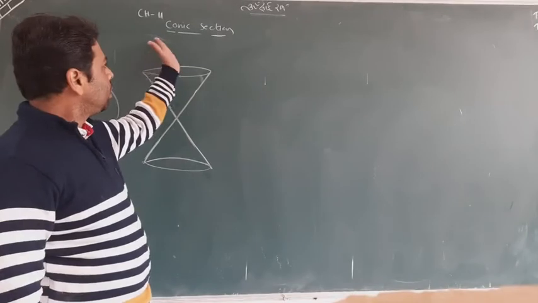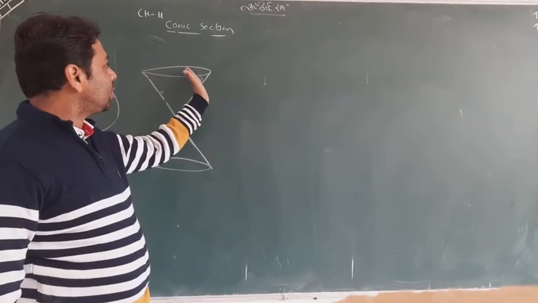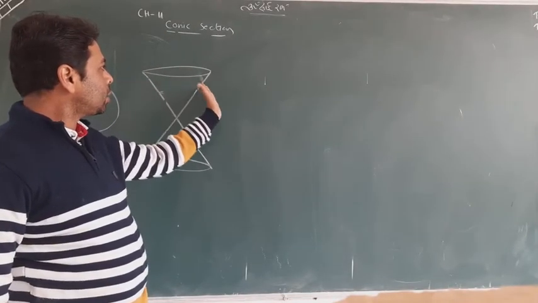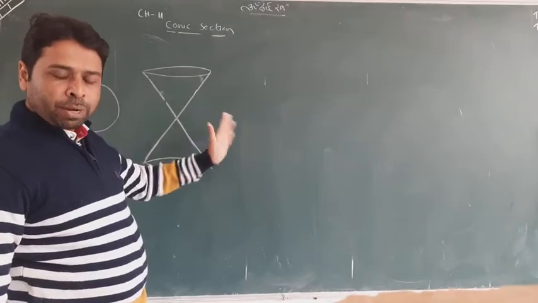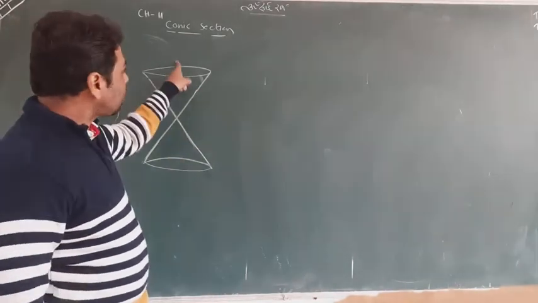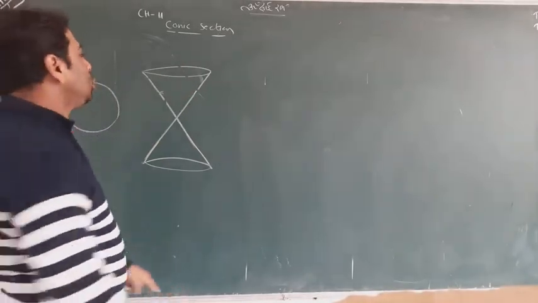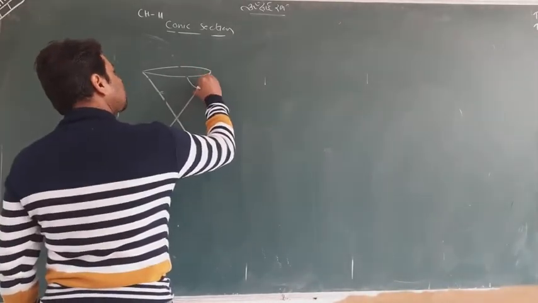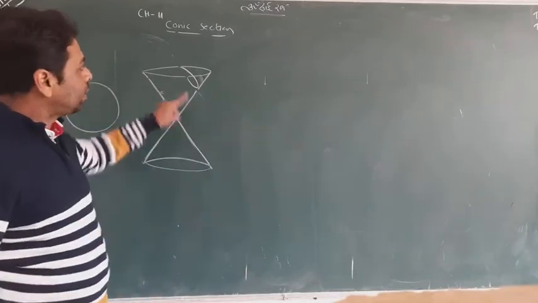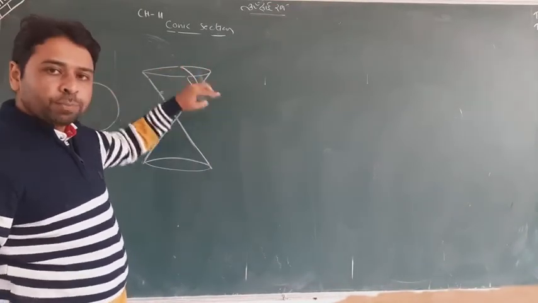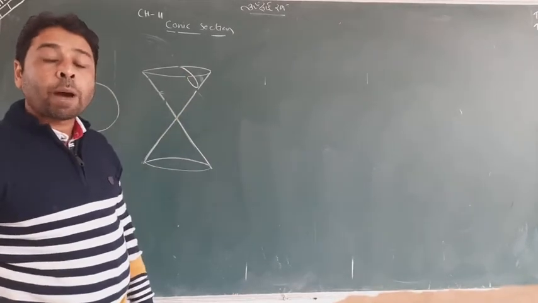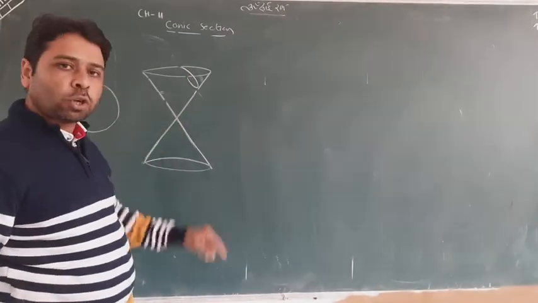Now, if you cut this figure in a slant way, this type of cutting will give you some other figure. When you cut this portion, after cutting, this kind of shape will appear on the rest part of the solid cone.